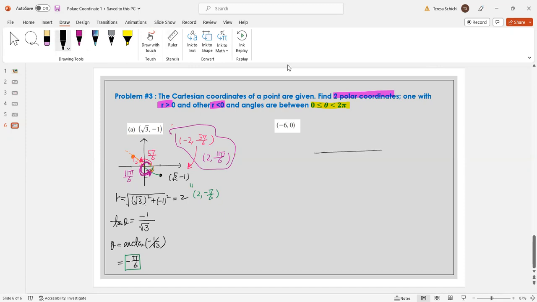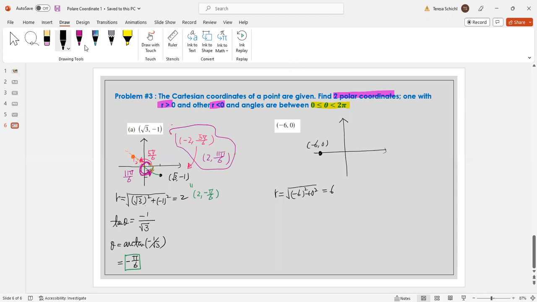This one is (-6, 0). So here is my point. All right, so I know the r here will just be the square root of (-6) squared plus 0 squared, so it's 6. Now let's think.